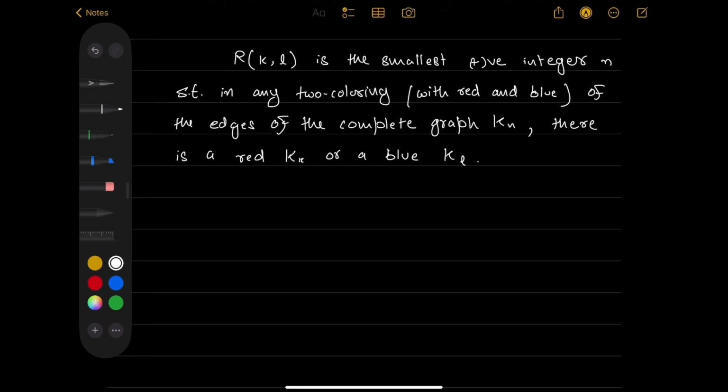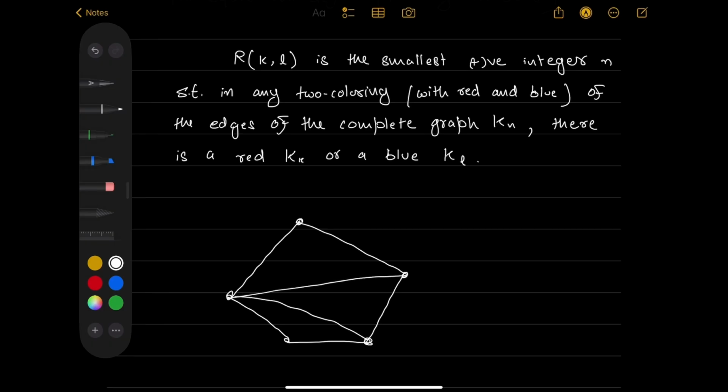It's like you are given a complete graph, say K5. We have a K5 over here, and we are just two coloring the edges of this K5. Two coloring means the coloring need not be proper. You just randomly assign colors, either red or blue.